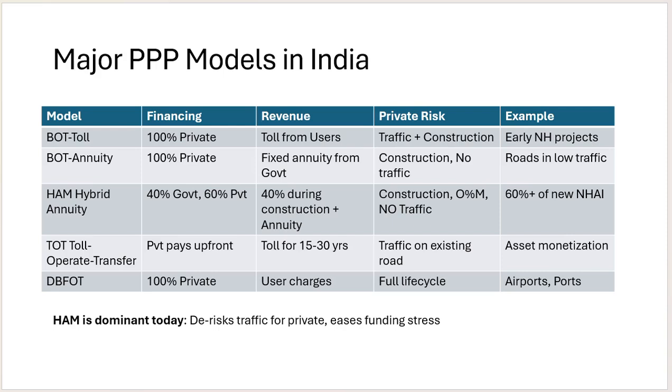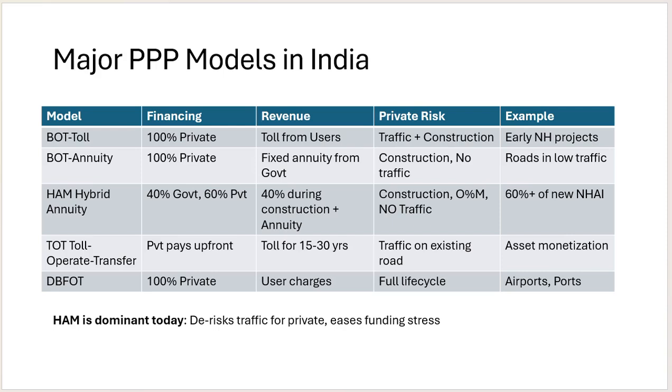It is 100% private financing, with revenue through tolls collected from the users. The private party bears the traffic and construction risks. An example is the national highways under the National Highways Authority of India.